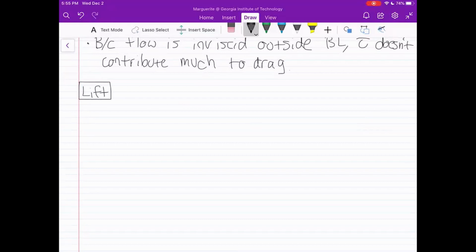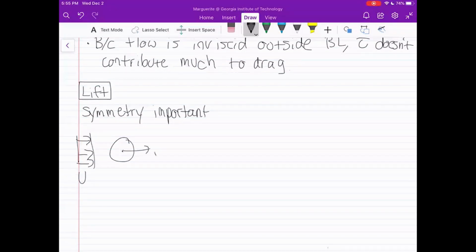All right, so for lift, the symmetry of our body is incredibly important. I think this is the last time I'm going to draw a circular cylinder. There it is. So again, we're going to have a circular cylinder, and we know we have a drag force here because we just talked about that in extreme detail.